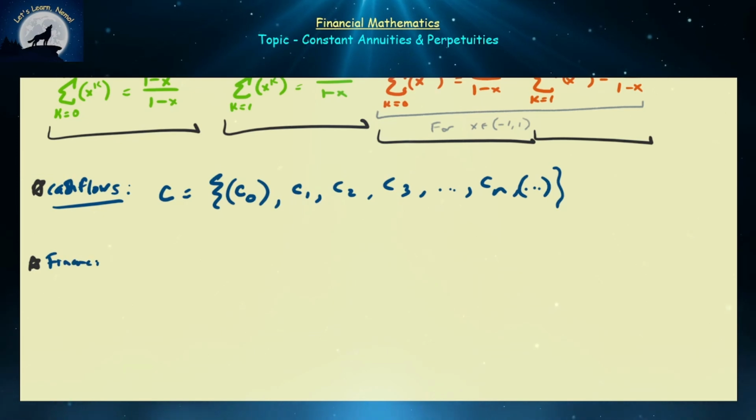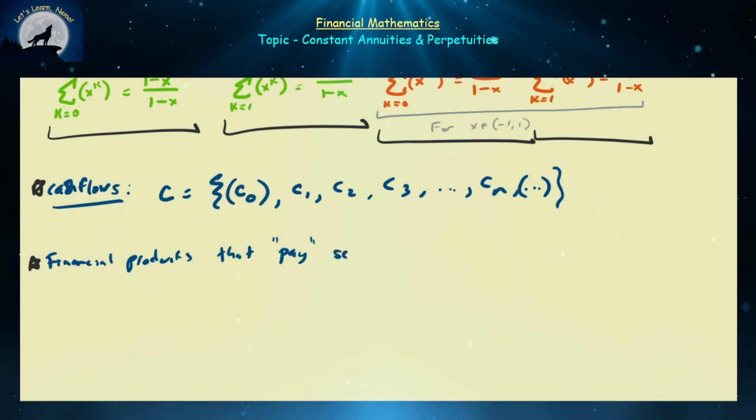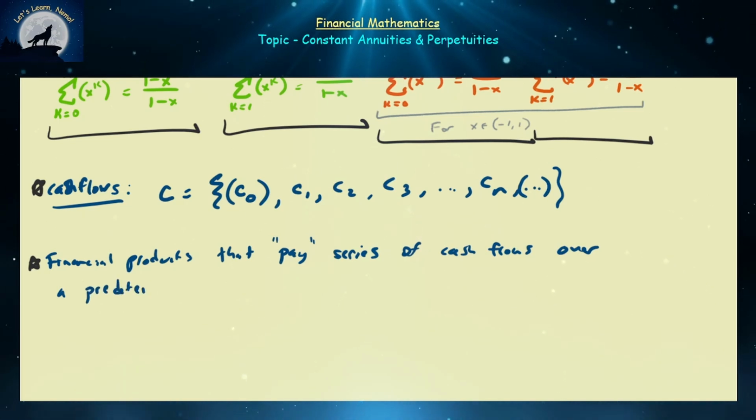Financial products that, let's use the word pay. Not necessarily pay, it could be borrowed depending on context, or withdrawing or something like that. So what they're going to do is pay a series of cash flows over a predetermined time span.